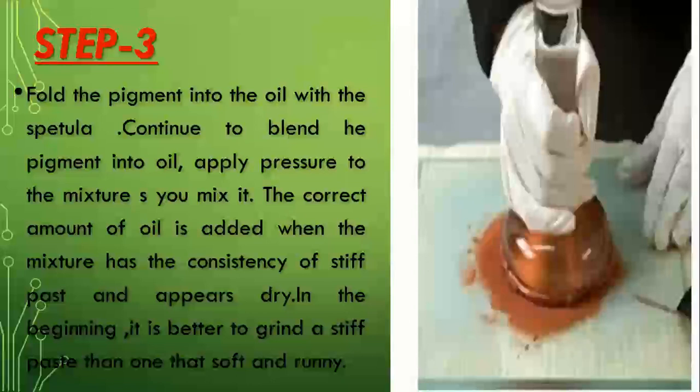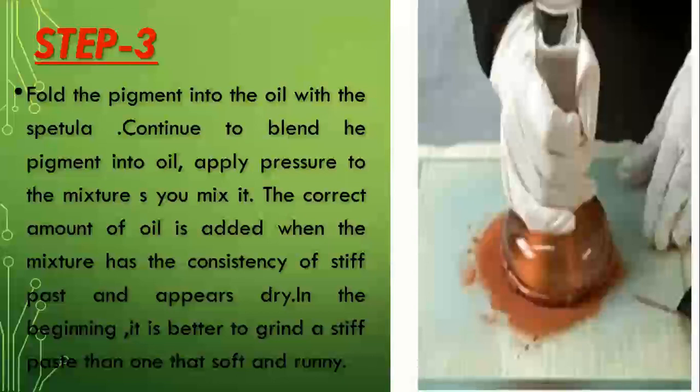In the third step, we mix oil and pigment with the help of a spatula. In the first two steps, we only took pigment and oil, but in the third step, we mix them together with a spatula by applying a specific pressure. The amount of oil added should be correctly measured, because the correct amount of oil added to the pigment will result in a stiff paste.